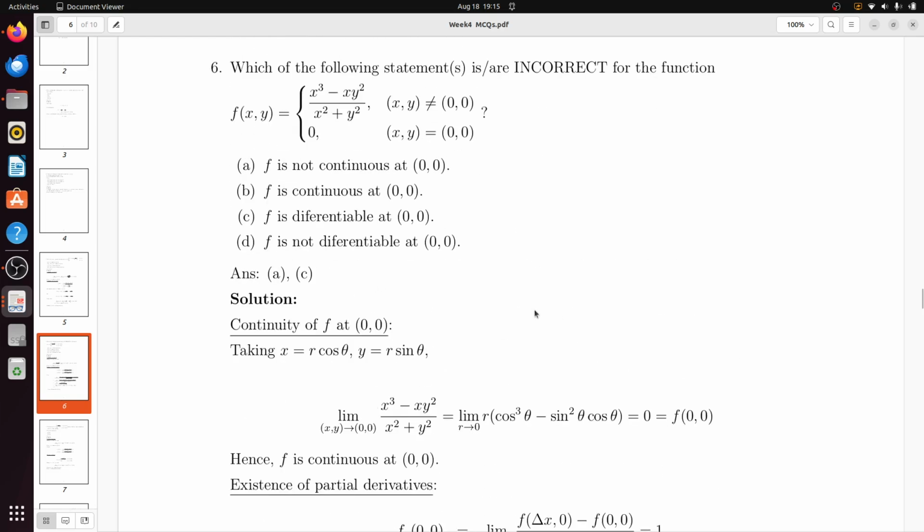This problem is actually a pretty tough problem. So what are the correct options? f is not continuous at (0,0) is an incorrect option, because we have proven that f is continuous. The incorrect one is also C, f is differentiable at (0,0), right?